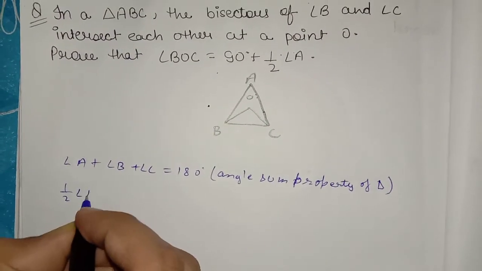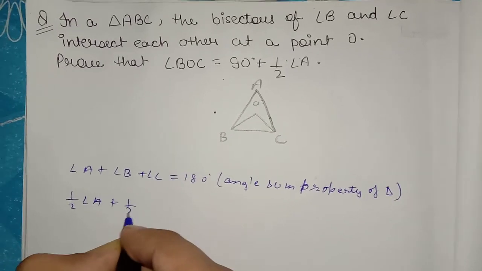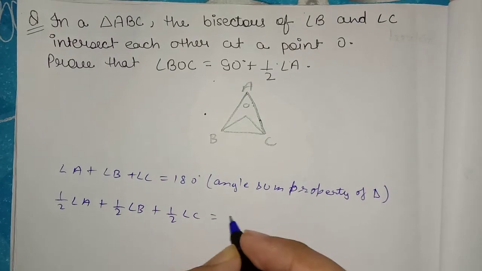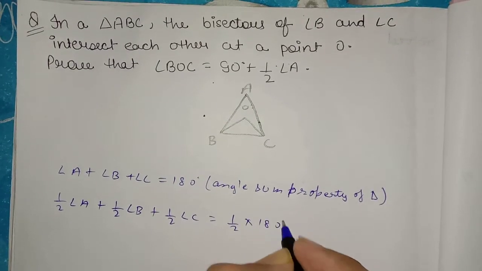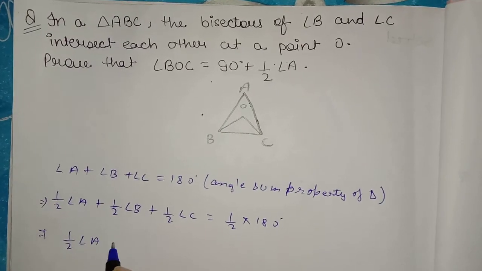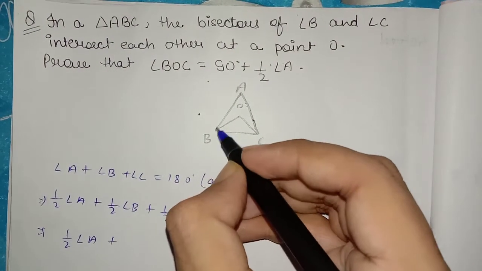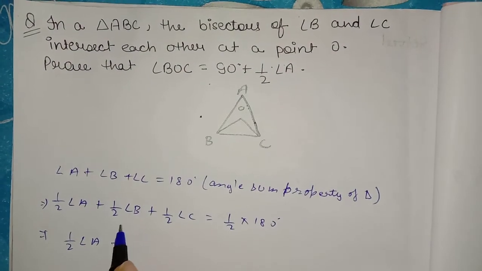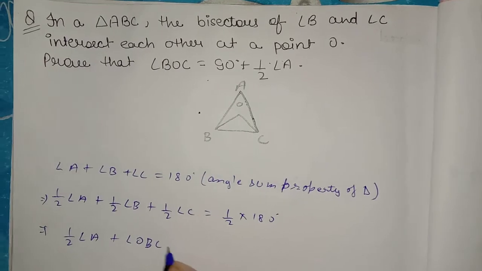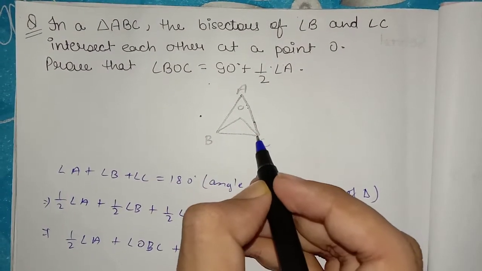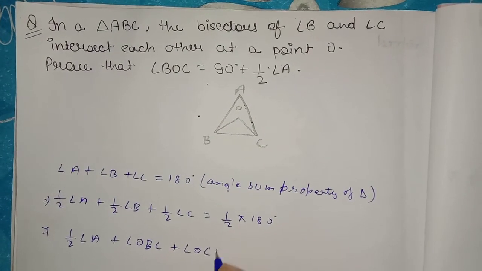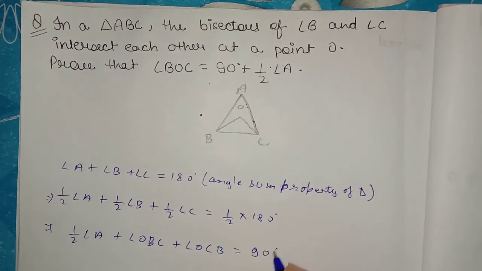So half angle A plus half angle B plus half angle C is equal to half of 180 degree. So half angle A plus, OB is the bisector of angle B, so we can write half angle B as angle OBC, and OC is the bisector of angle C, so we can write half angle C as angle OCB, is equal to 90 degree.